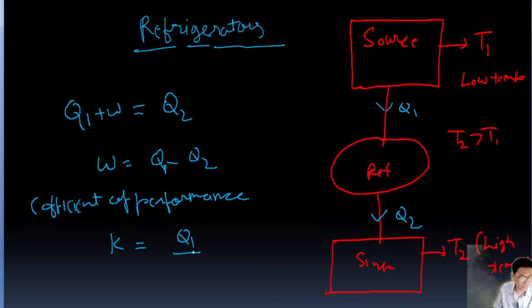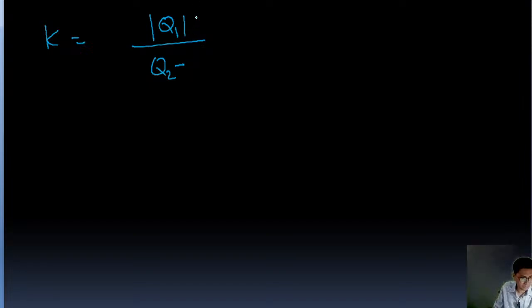Okay, so that is Q1 upon W. In case of heat engine, that was eta equal to W upon Q1, right? So this is Q1 upon W, which is mod Q1 upon Q2 minus Q1.